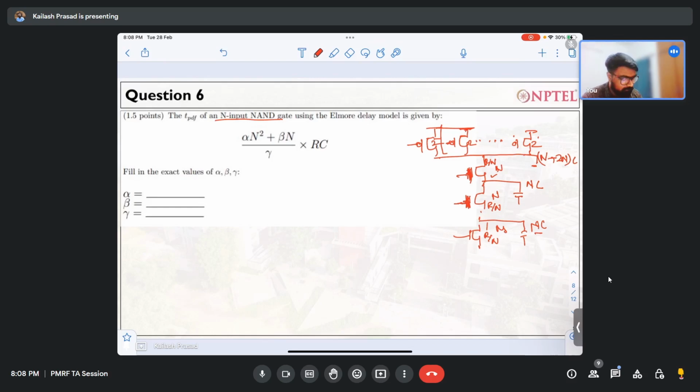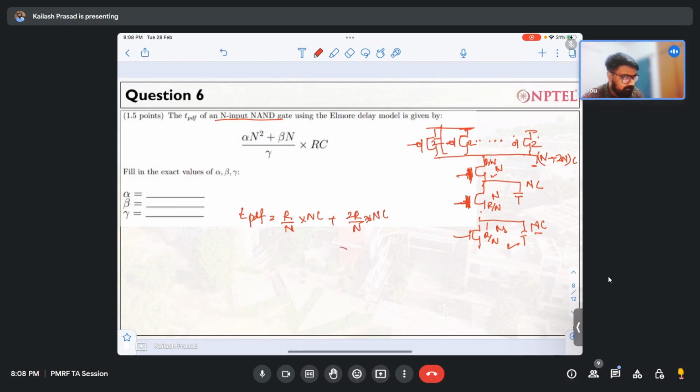Now what we will do, we will find out TPDF, right? We will try to write a formula. This formula will start from here, R by n multiplied by nC. Similarly, if we go just above this transistor, it will have R by n plus R by n, so 2R by n, times nC.